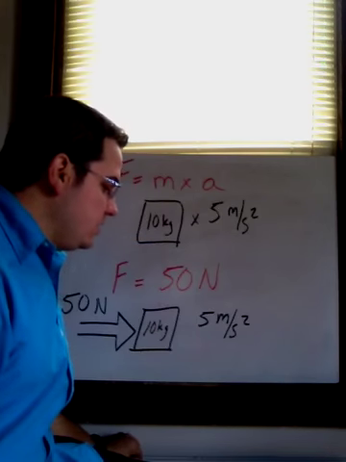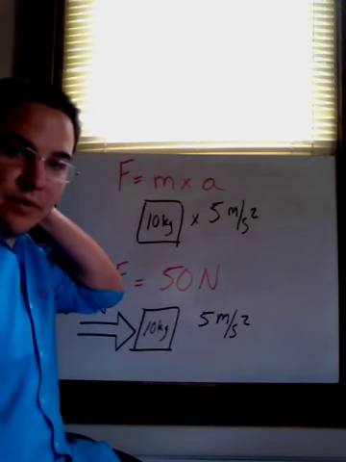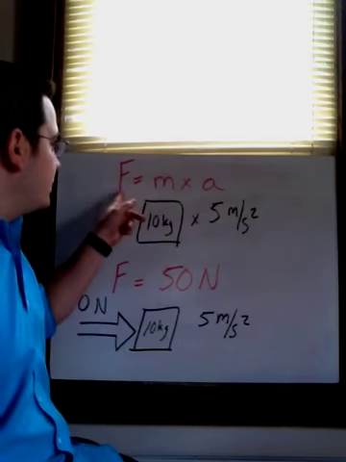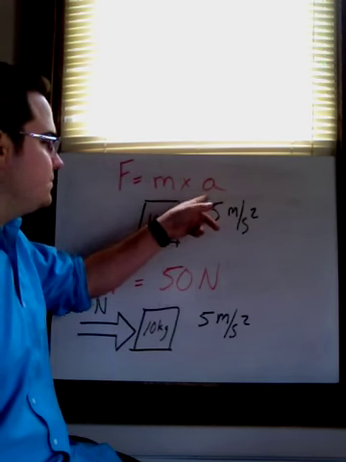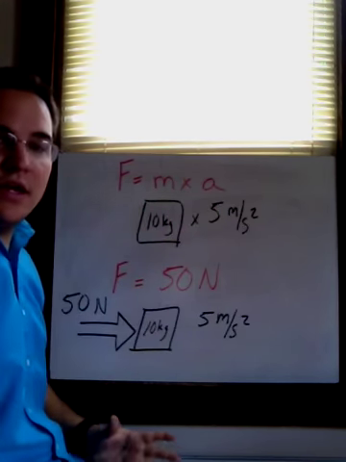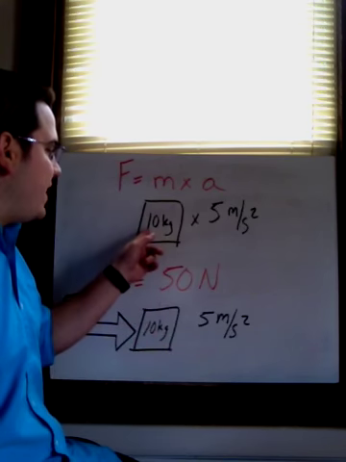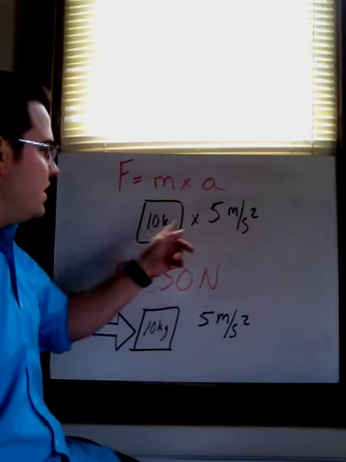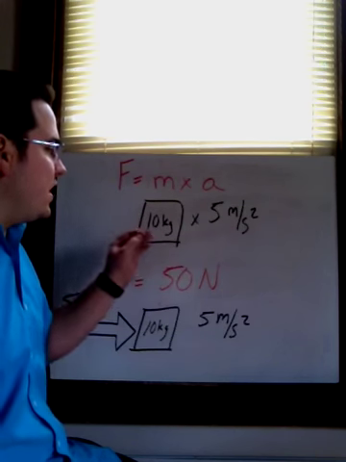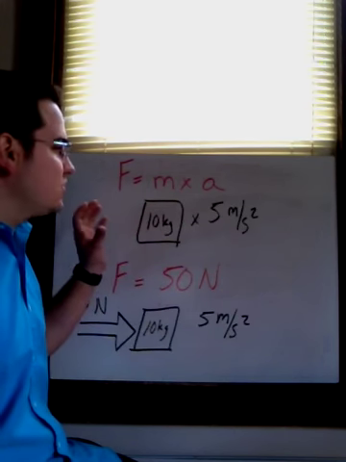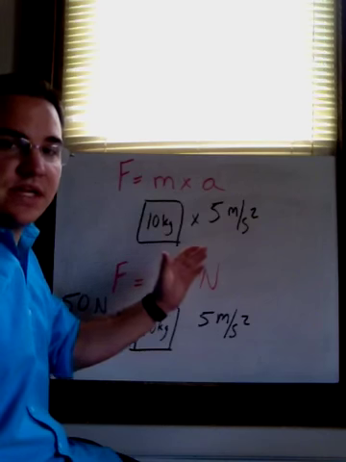Newton's second law is primarily defined as force equals mass times acceleration. So if we're taking a look at that formula, we have a mass of 10 kilograms times an acceleration of 5 meters per second squared. So this 10 kilogram mass is accelerating at 5 meters per second squared.